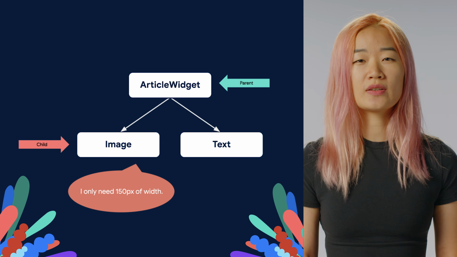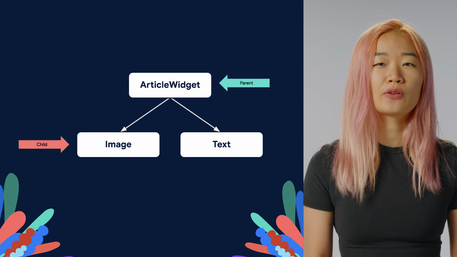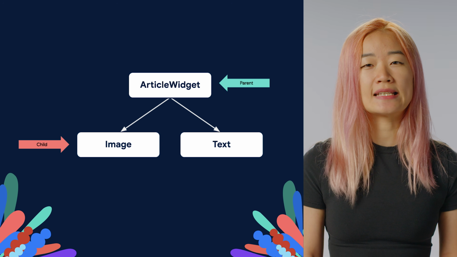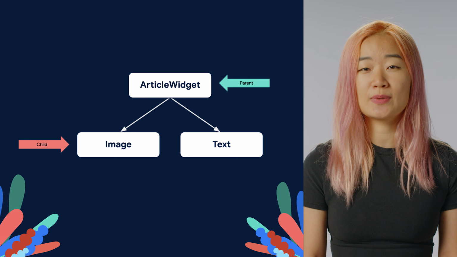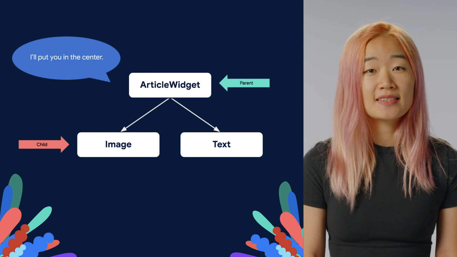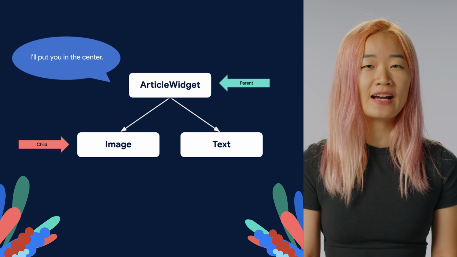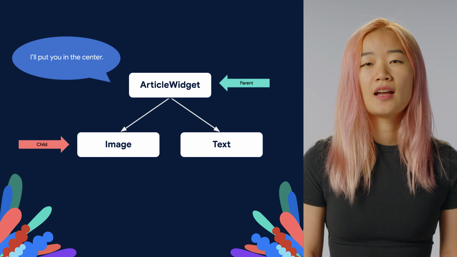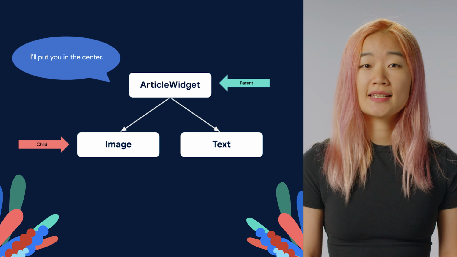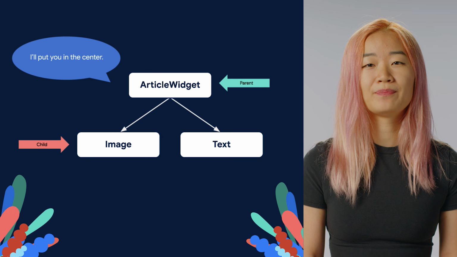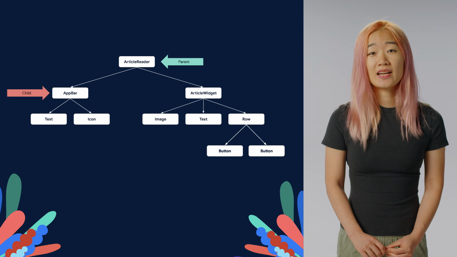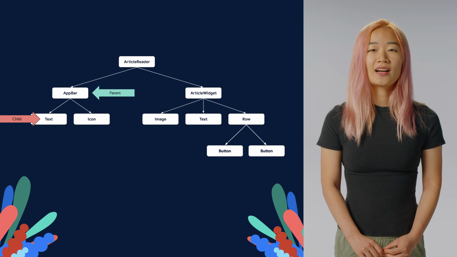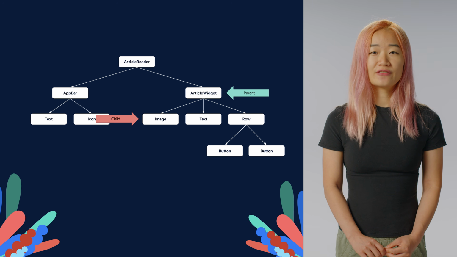Since the child only wants to take up 150 out of 200 available pixels, the parent must decide where within those 200 pixels the child is positioned, like in the center or aligned to the top left. Some widgets ask you to decide the position, like column, and some have their own rules and default, like center. This entire process happens in a single pass down the tree, making the layout algorithm predictable and efficient.